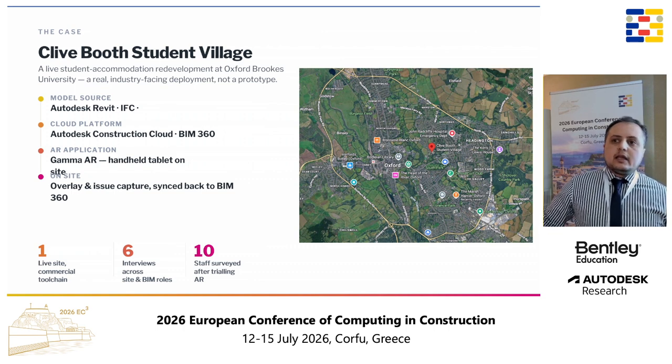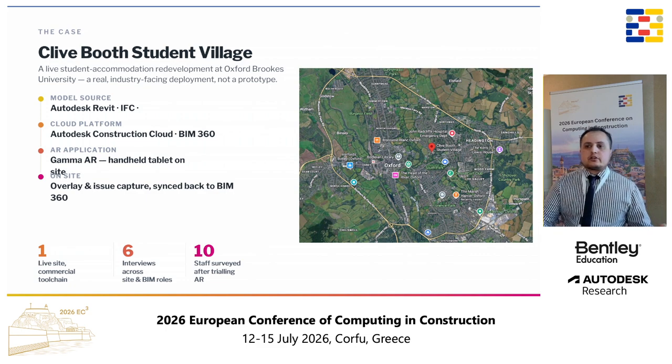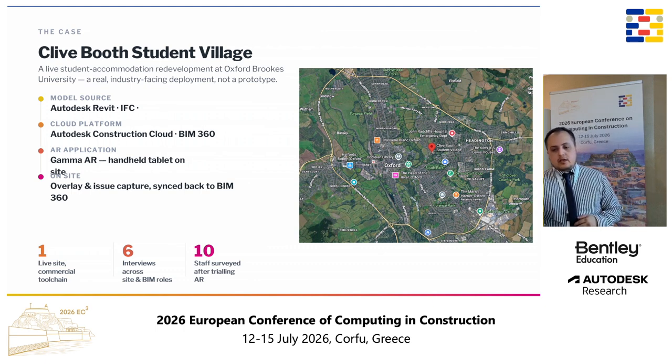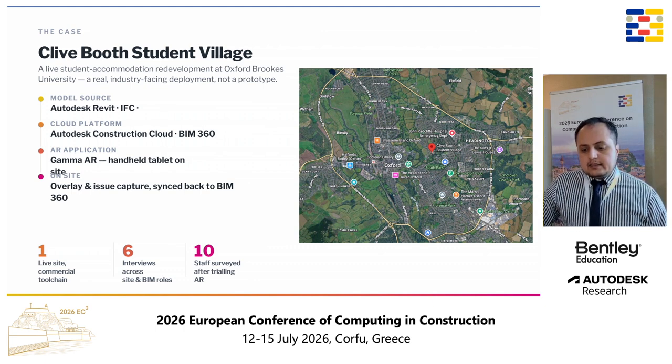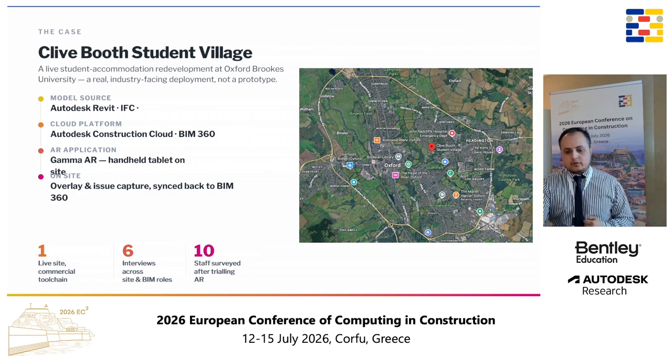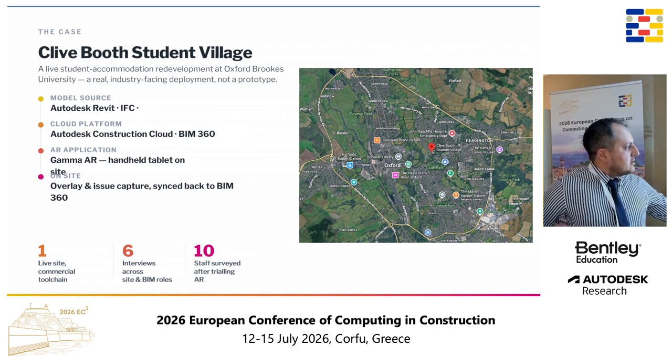They were using Autodesk Construction Cloud and BIM 360 at the time. The application, which is a commercial application, Gamma AR, you might have heard of it, was utilized by the project team. The main purpose was to overlay to detect issues and sync them back to the BIM model. So we applied it to one site.